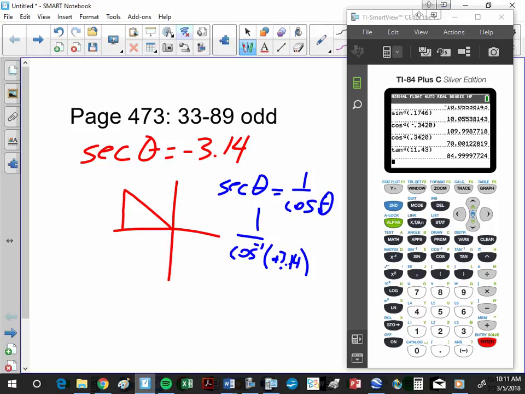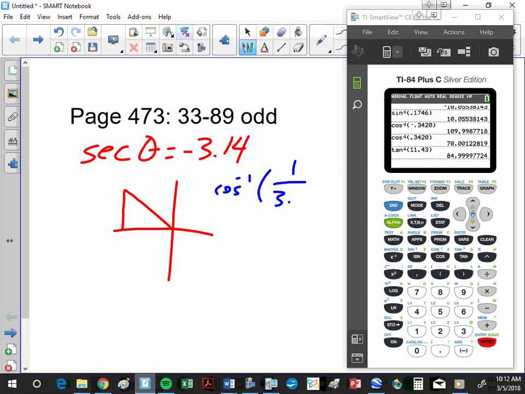It won't let you. It's too big. So instead of flipping the cosine, why don't we just flip the number? So, this should work, but our calculator won't let us do it that way. So instead, I'm going to do the cosine inverse of 1 divided by 3.14. Well, it's actually the only way to do it.